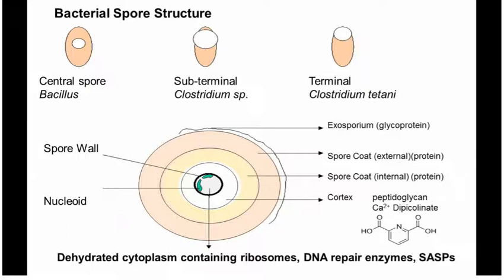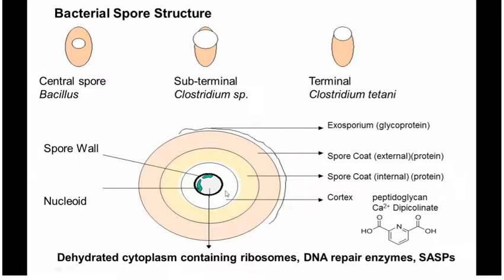Going from the outside to the inside, often there's an exosporium, a loosely attached coat of glycoprotein on the outside. And then you've got a very, very thick spore coat, which is formed mainly of protein, which is very heat resistant. These proteins have a lot of disulfide bonds, so the secondary structures of the proteins are highly resistant to heat.